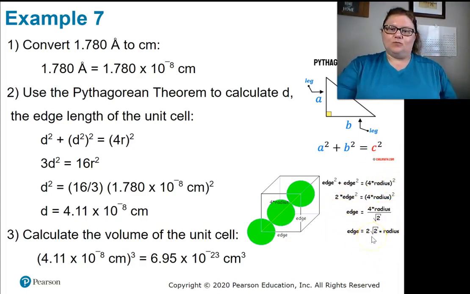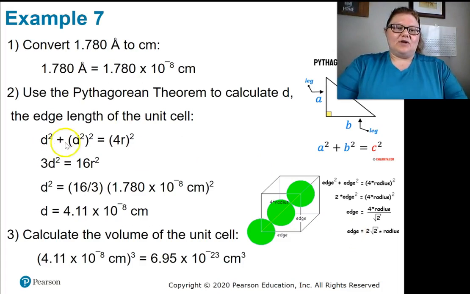And once we simplify it, we see the 2 square root of 2 times the radius, or 2 square root 2r. Okay? And so that's the derivation of that. Okay? So we can plug in here using this base formula, which is derived from the Pythagorean theorem. We want to find d. We're given our radius. We're going to plug it in right here.